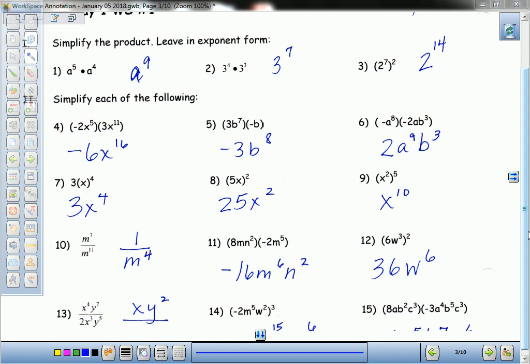Okay, so I will be walking through the room now, checking for completion of the homework, while you are making corrections in red ink on the ones you missed. Since we're going back to lessons through Blackboard, this is something that could be on a notebook quiz also, so make sure you get those corrections done.